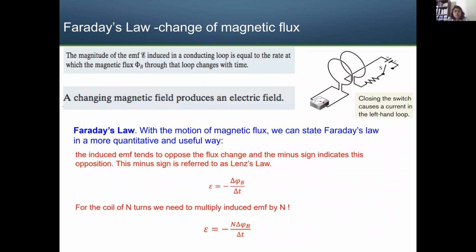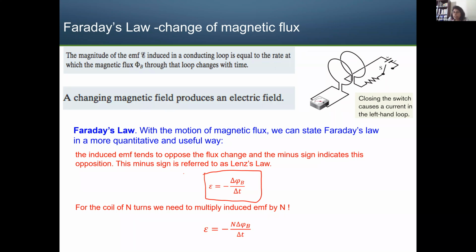Okay. So now Faraday made a formula that combines induced EMF with magnetic flux. Induced EMF is the rate of change of magnetic flux. The rate of change of magnetic flux, we call it the induced EMF. Epsilon is for the induced EMF. That's Faraday's law, right?